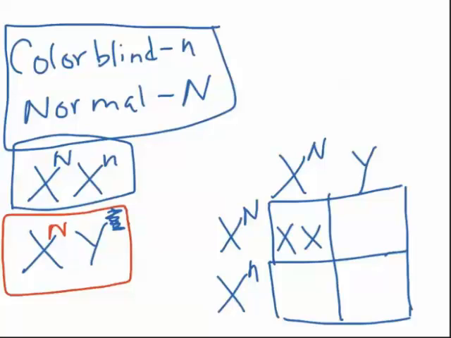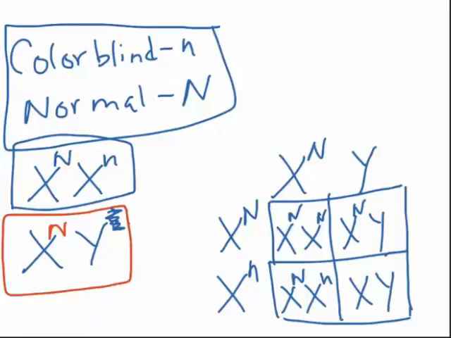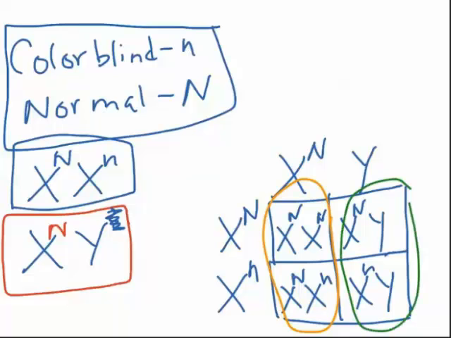The N's and the X's are all important, so I have to write them all. Okay, so if I look at this, all of these are going to be girls, and these are going to end up being boys. So when you do ratios, it's going to be a little bit different.